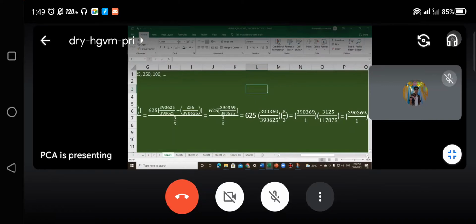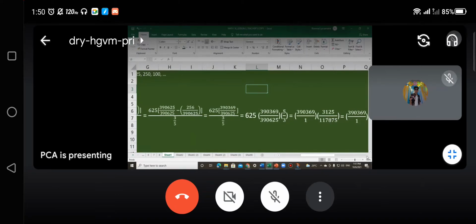Did you get it? And then in the book, it says that this is retained. If I'm going to multiply 625 times 5, it gives me 3125. And if I'm going to multiply 39625 times 3, it becomes 11875.